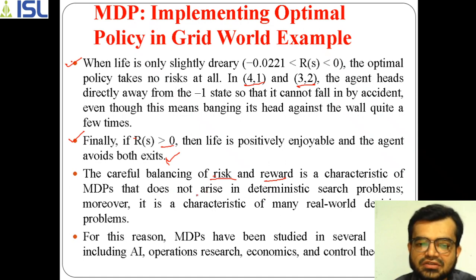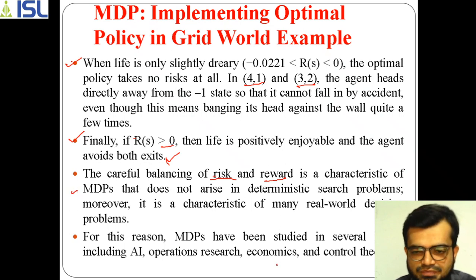This does not arise in deterministic search problems, because there the agent knows the current state and what the next states will be. But in stochastic search problems, the problem arises. At that time the Markov decision process, the MDP, will be used.